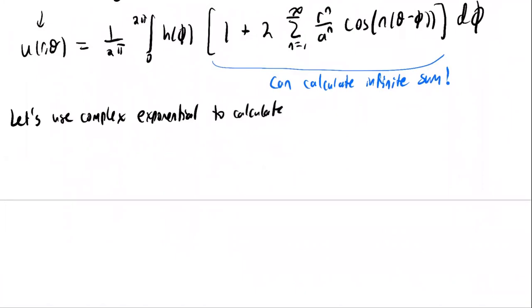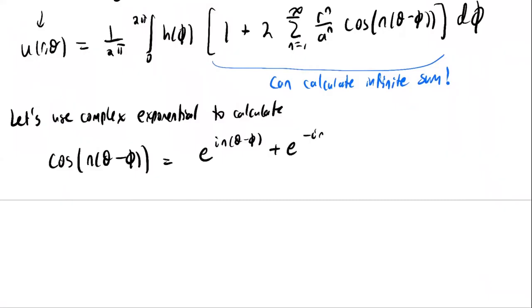In particular, we're going to use the identity, well, you have cosine of n times theta minus phi. This is equal to, using our identity that allows us to write cosine as some combination of complex exponentials, e to the i n theta minus phi plus e to the minus i n theta minus phi, divided by 2, right?